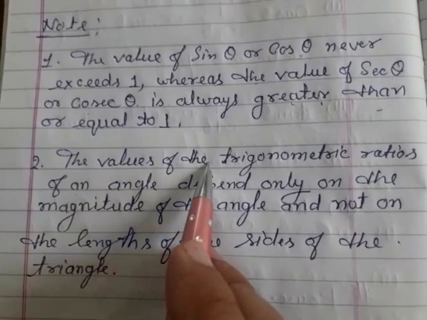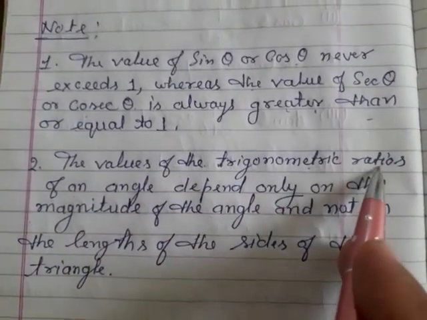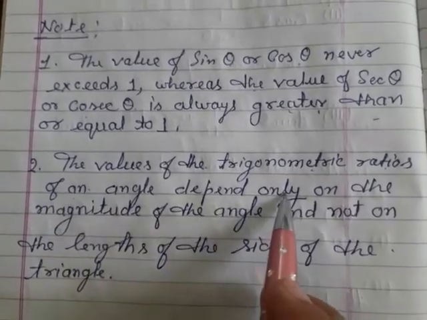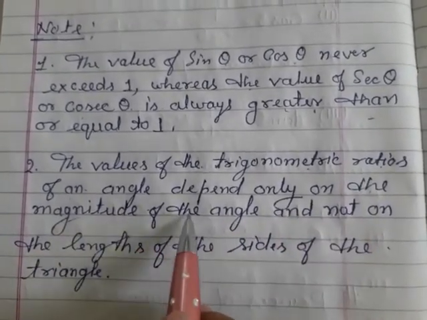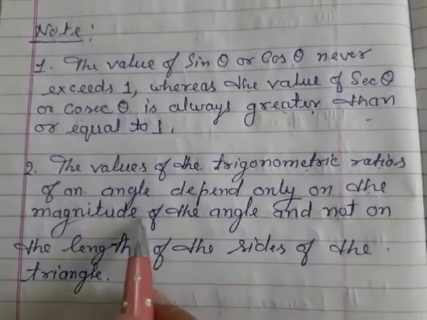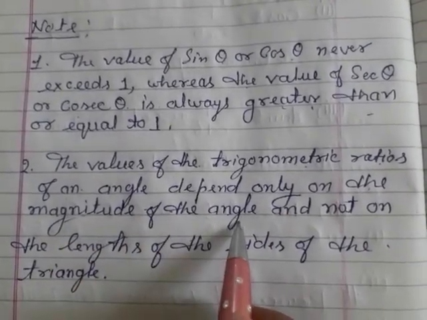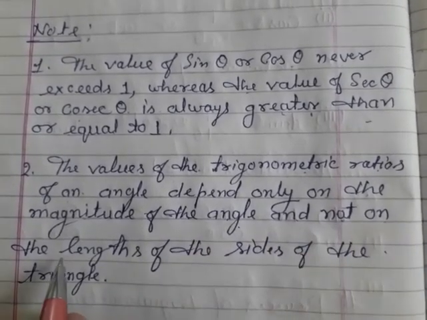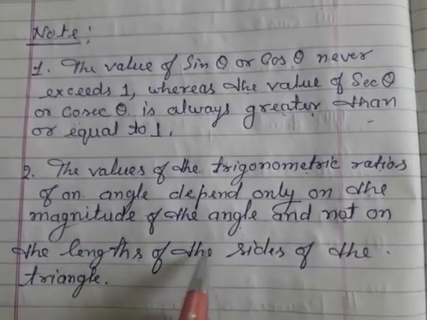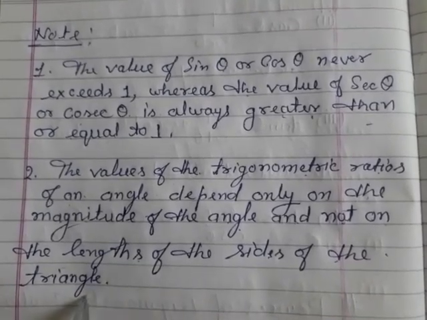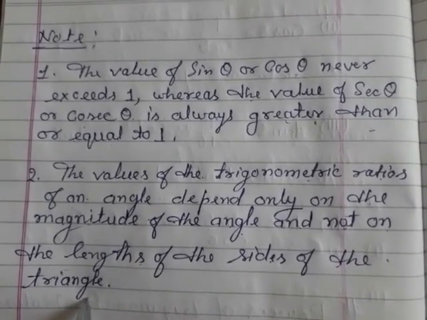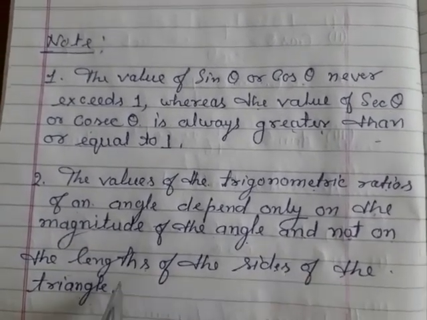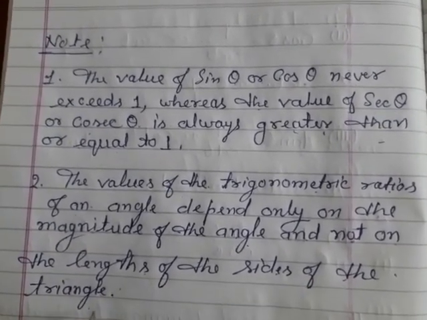The value of a trigonometric ratio of an angle depends only on the magnitude of the angle, and not on the length of the sides of the triangle. Clear?